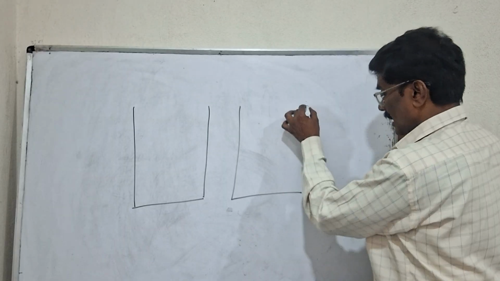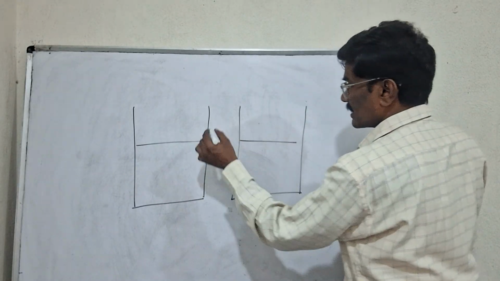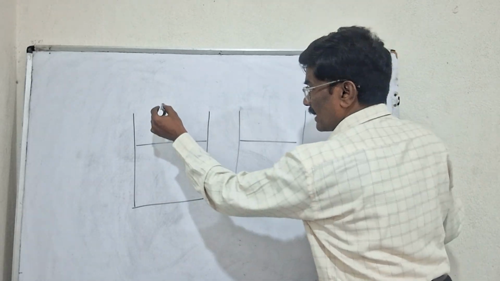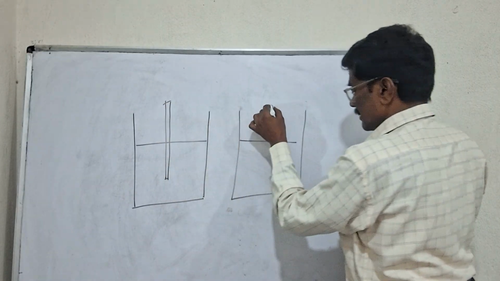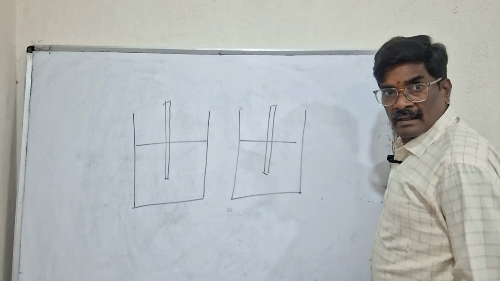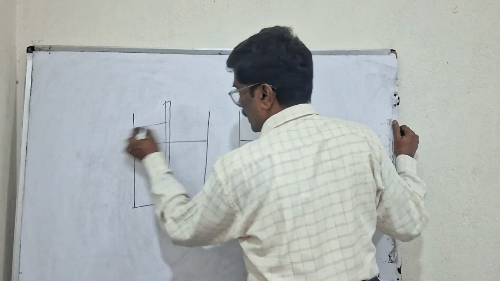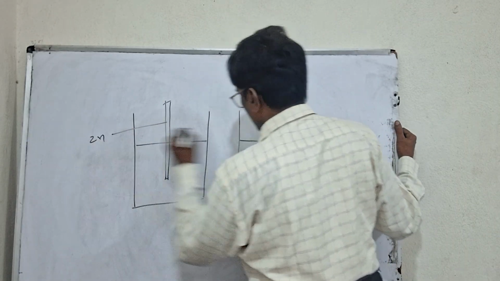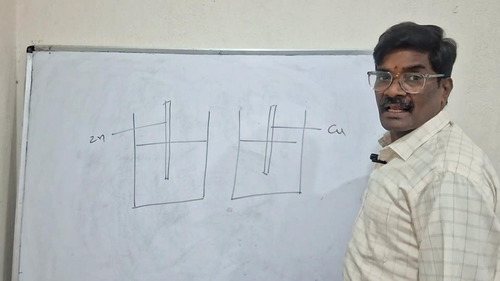One is the oxidation half cell, another is the reduction half cell, because the name of the half cell depends upon its nature only. For example, our best example is the zinc copper electrochemical cell. Zinc and copper, that is nothing but the Daniell cell.